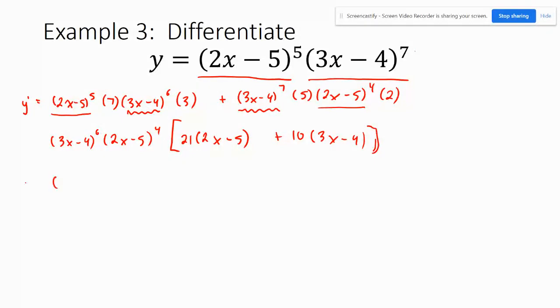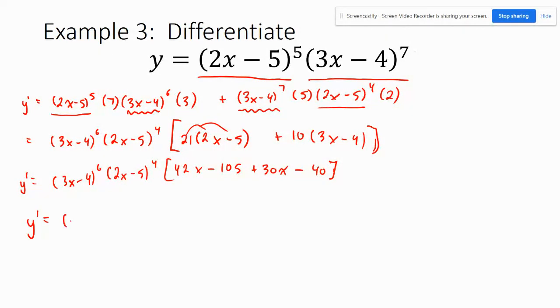Okay, so we have (3x minus 4) to the 6th, (2x minus 5) to the 4th, and multiply this through. 42x minus 105 plus 30x minus 40. 42 plus 30 is 72x.